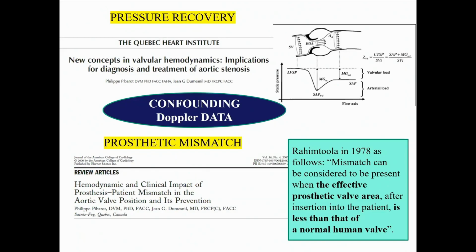And in this regard, as we know, I can't go into details, we may have two confounding Doppler data and problems that are the pressure recovery and the prosthetic mismatch. That's the reason why we should have the effective prosthetic valve area, which is less than that of a normal human valve, and we need to have the body surface area.